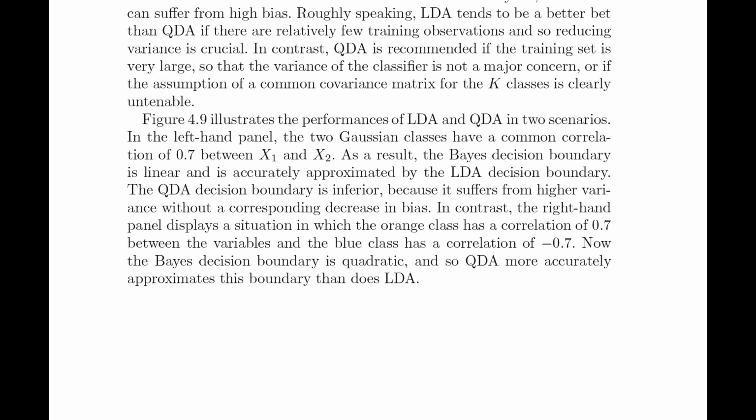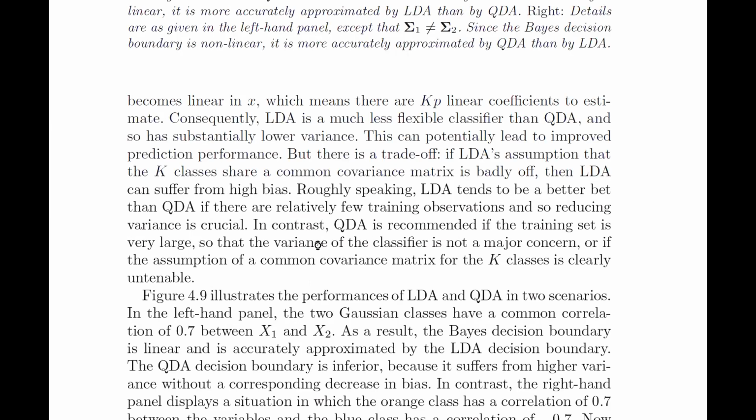The QDA decision boundary is inferior because it suffers from higher variance without a corresponding decrease in bias. In contrast, the right-hand panel displays a situation in which the orange class has a correlation of 0.7, but the blue class a correlation of negative 0.7.